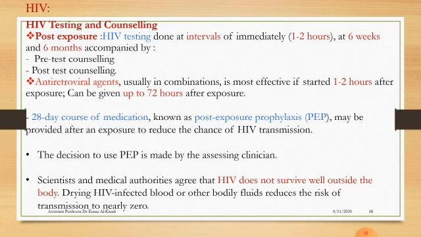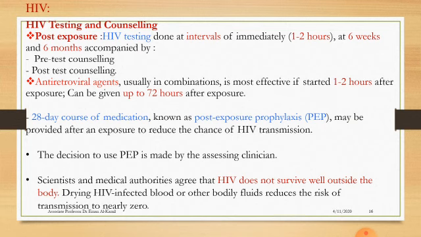So if the individual is exposed to HIV and tests positive, we are going to give him a combination of antiretroviral agents within 1 to 2 hours or up to 72 hours after the exposure. We are going to give him a 28 day course of medications, which is known as post-exposure prophylaxis, or PEP, which may be provided after an exposure to reduce the chance of HIV transmission. The decision to use PEP is made by assessment by a clinician.